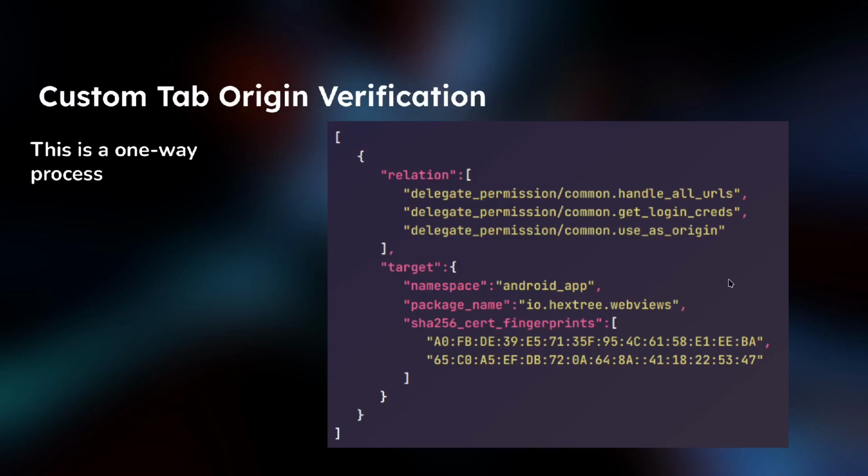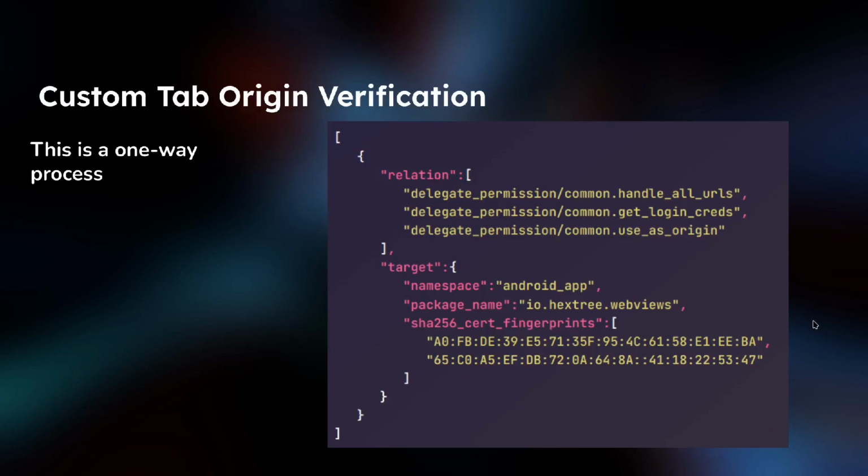On your website that's going to be loaded, you would have this right here, which is a digital asset link. What this does is say, hey, if this is your package name and you're in this namespace, and you have a fingerprint that matches this, the APK signature fingerprint matches this, then I'll give you permissions, or you'll have a verified origin.